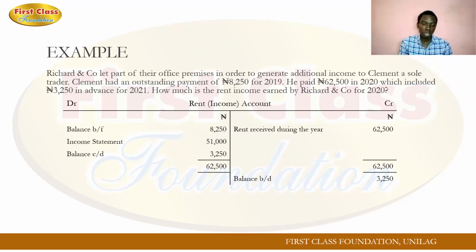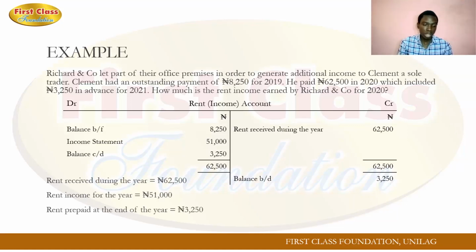So rent received 62,500, that's the amount that Clement paid. The rent income, that's the income earned, is 51,000. The rent prepaid at the end, 3,250 naira.